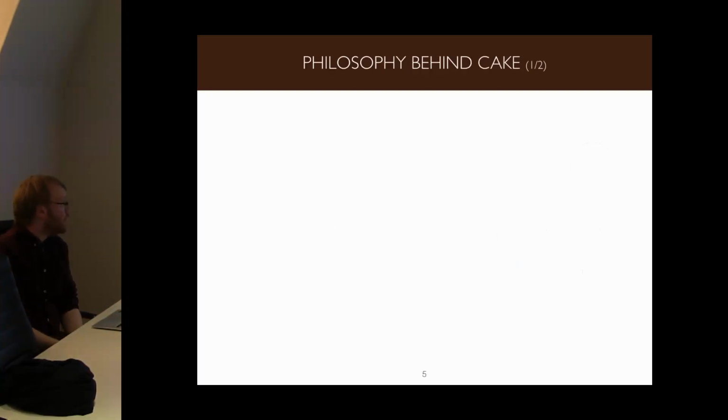So the philosophy behind Cake, like why Cake? The reason that Cake exists is that I was using something called Fake. You used it. It's a build automation tool that uses F#, and I really liked it. But my colleagues didn't like it because no one wanted to touch F# because no one knew it.